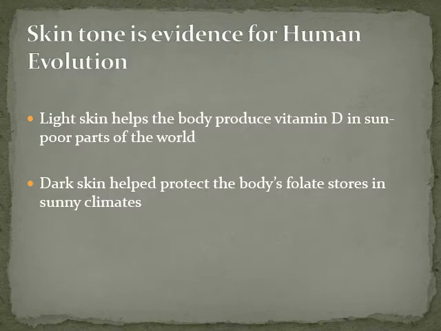So we know that light skin is helping the body produce vitamin D in sun-poor parts of the world, and dark skin is helping protect the body's folate stores in really sunny climates, so again, towards the equator. So that's part of the geographical reasoning for why we see light-skinned versus dark-skinned people in different parts of the world. Again, we are so advanced in our society and through our diet and all sorts of different things that we really have the ability to be able to live in different places, right?